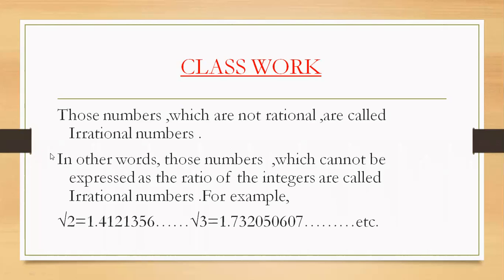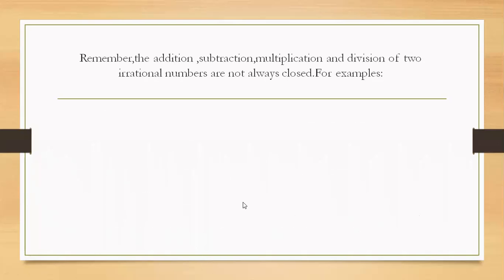For example, square root 2 and square root 3 are irrational numbers.